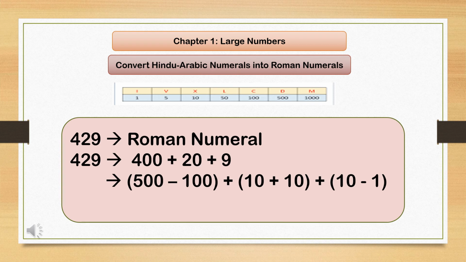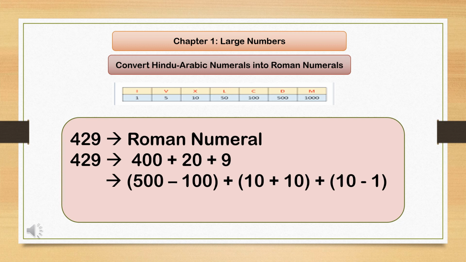Next step will be to write the numbers in terms of the numbers for which we have the symbols in the Roman numeral chart. So here we have 400. If you look at the Roman numeral chart, we do not have any symbol for 400. But we have a symbol for 500 and 100. So we can write 400 as 500 minus 100.